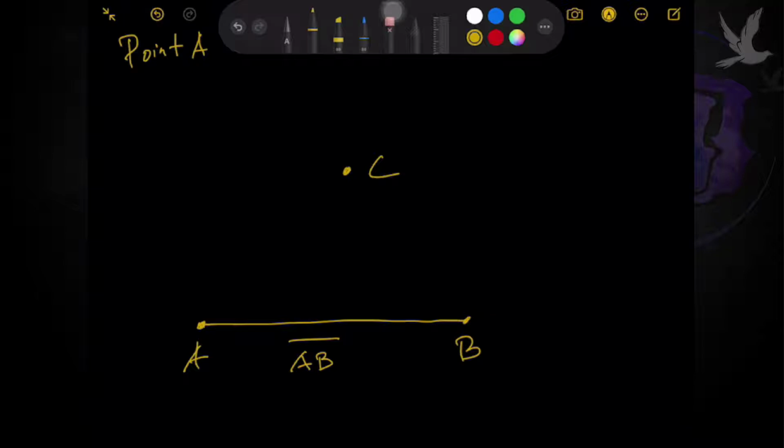And I'm also going to form a line from B to C, which forms line BC. Now, with all these combined lines, you'll notice that they meet at point B.